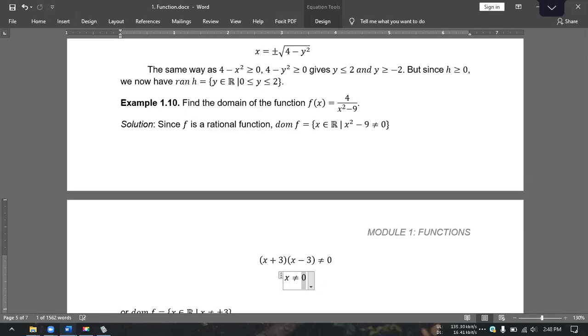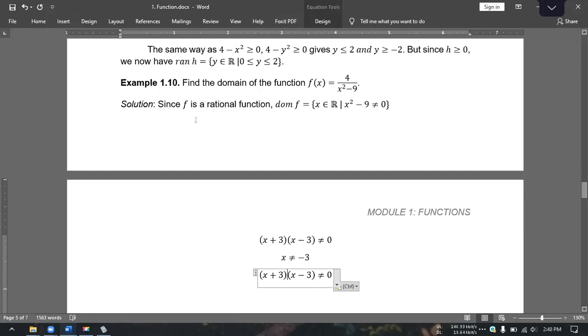And the other one is x minus 3 not equal to x. And ipat natin si negative 3, we have now positive 3. So, ito yung mga values ni x na kailangan natin iwasan para maging defined yung function natin.